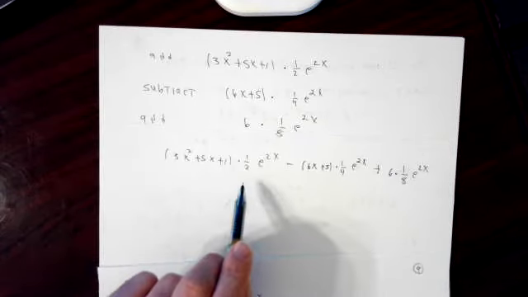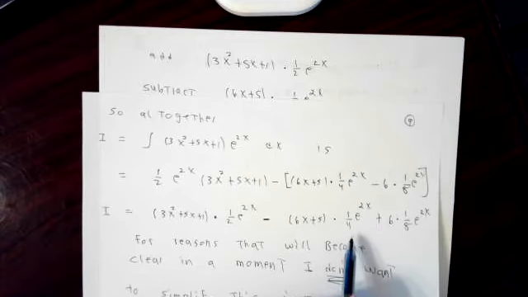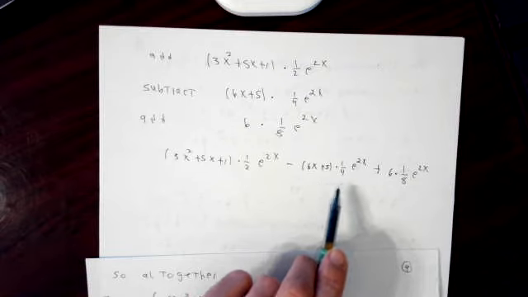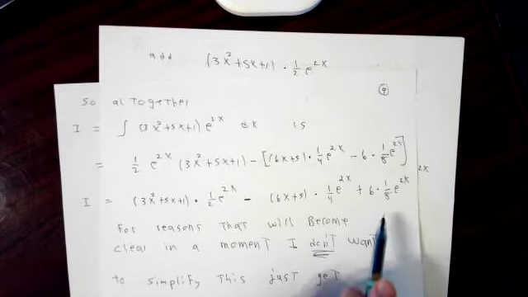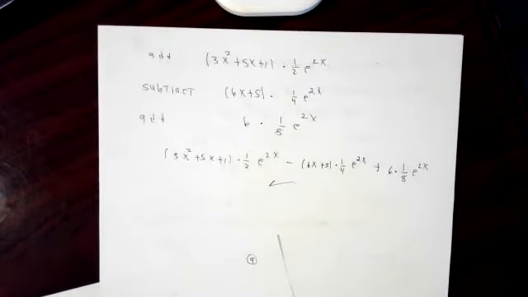We had minus 6x plus 5 times 1/4 times the exponential, and we added 6 times 1/8 times e to the 2x. That's correct. That's the answer that we got by working it out twice doing integration by parts.